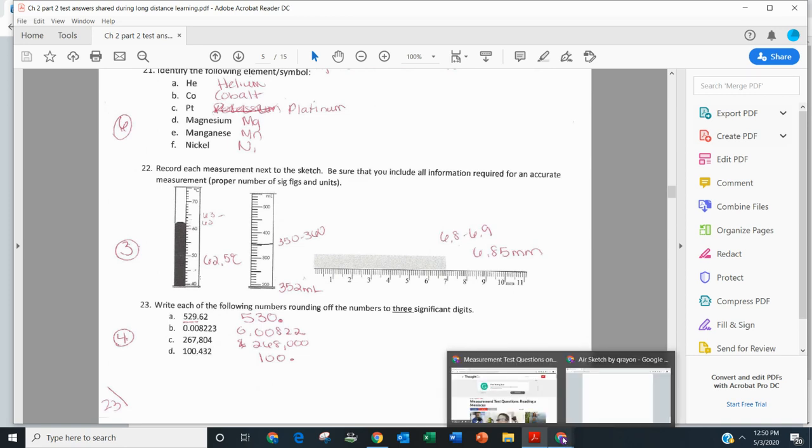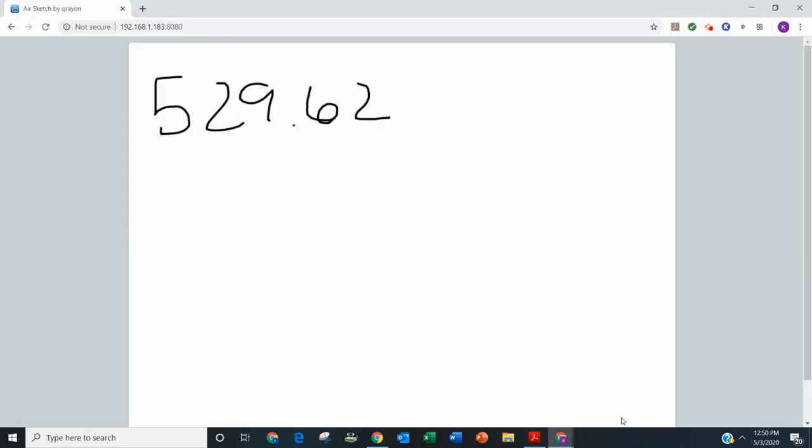The first number is 529.62. If we want to have 3 sig figs, there are two ways to do this. The first one is you look here, and those would be my digits that are going to be significant.